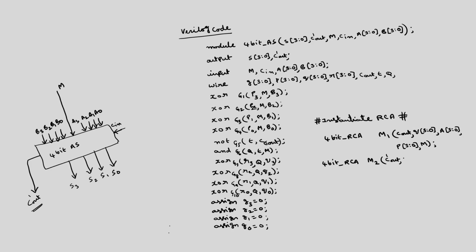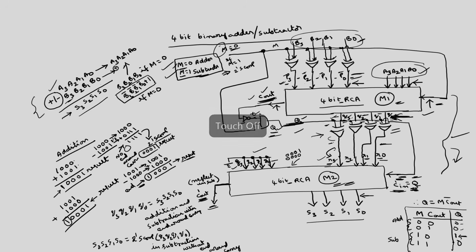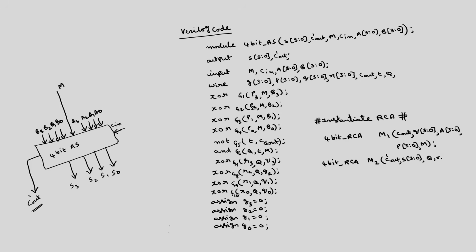Then we have S3:0, the final result. Then what are the inputs for this one? C in input is Q. Other inputs are R and G. G's are anyhow 0, that I have already assigned. R 3:0, G 3:0.